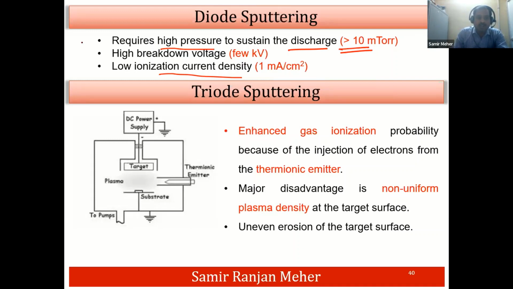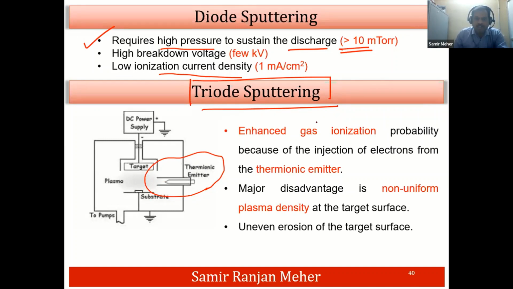To avoid these demerits, we can go for triode sputtering, which will enhance the degree of ionization. In this case, together with the conventional target and the substrate, we have another electrode, the thermionic emitter, which will act as the supplier of the electrons. So this thermionic emitter will supply more electrons.